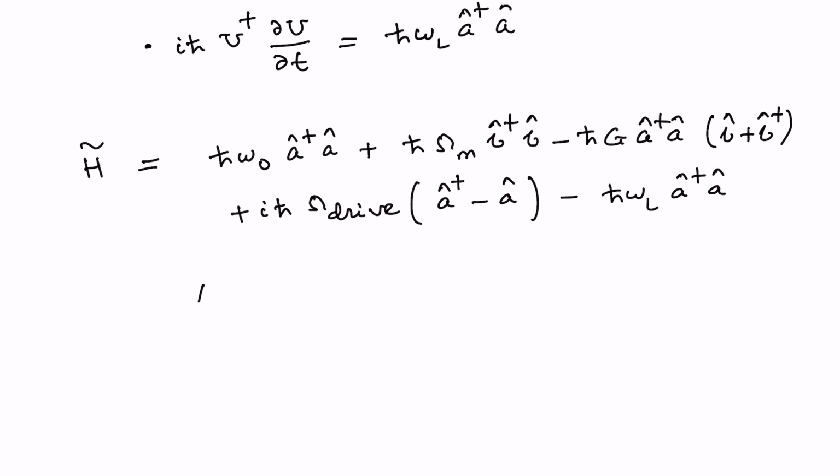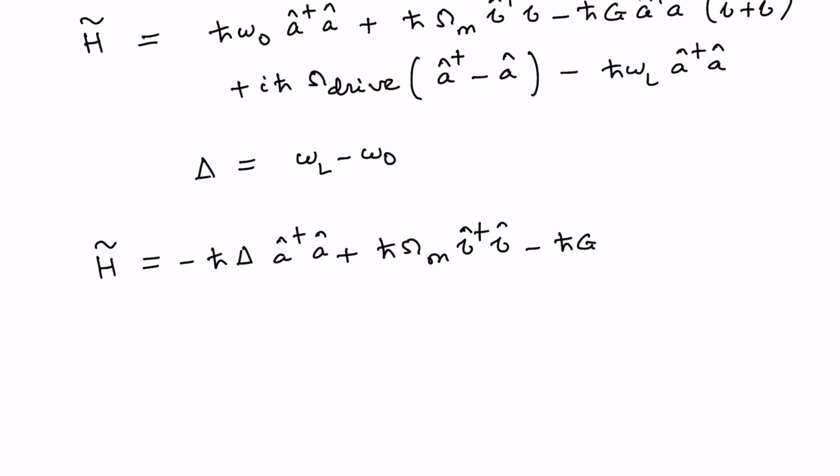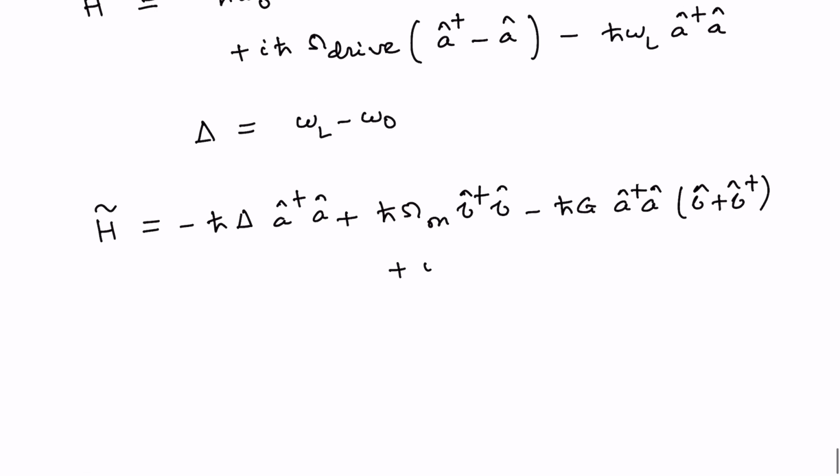Now defining the detuning parameter as delta equals omega_L minus omega_0, you can write the final transformed Hamiltonian in this form. You are going to have minus h bar delta a dagger a plus h bar omega_m b dagger b, minus h bar z a dagger a (b plus b dagger), plus i h bar omega_drive (a dagger minus a).